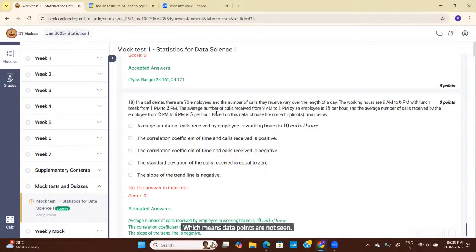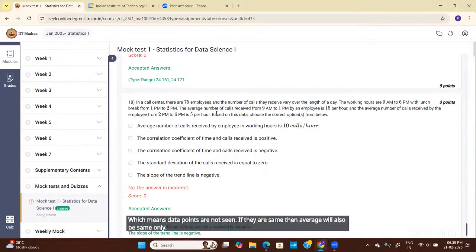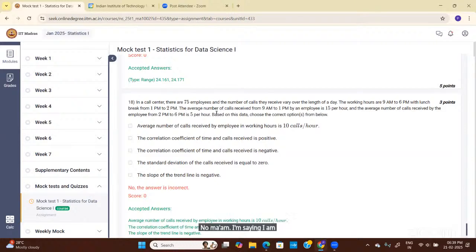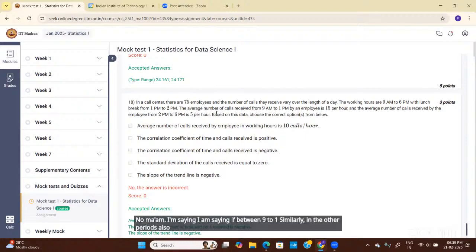If they are the same, then the average will also be the same only. I'm saying if between 9 to 1, and similarly in the other periods also, for each hour there are actually 15 calls per hour, and similar for other time intervals also, in that scenario, the standard deviation will be 0, and the second last option will also be an acceptable answer.